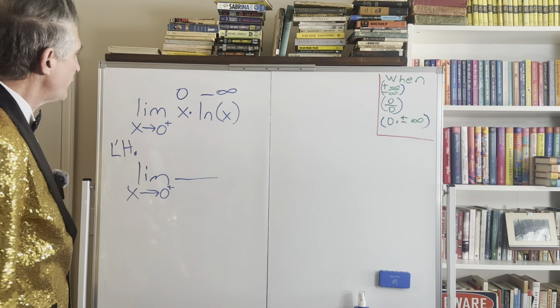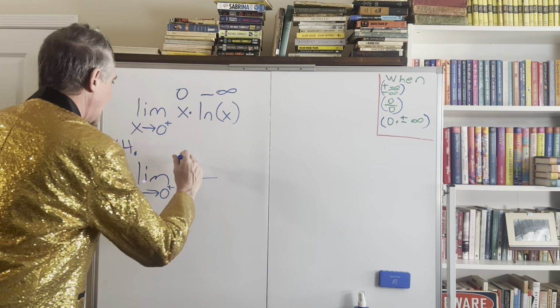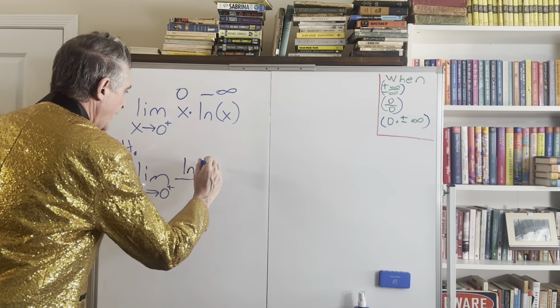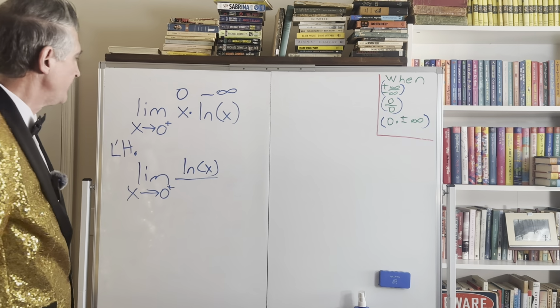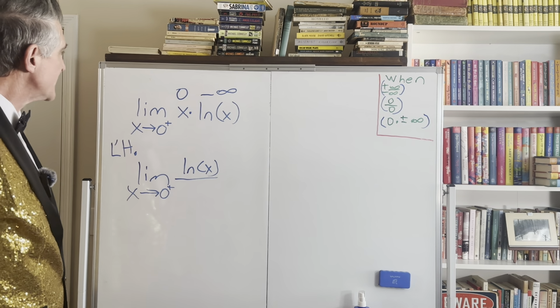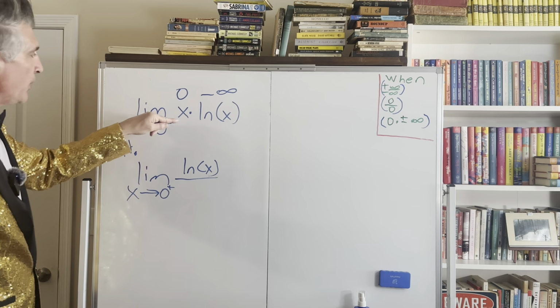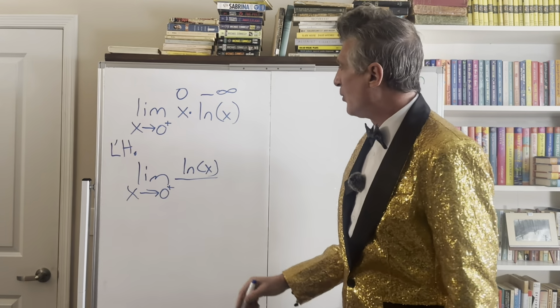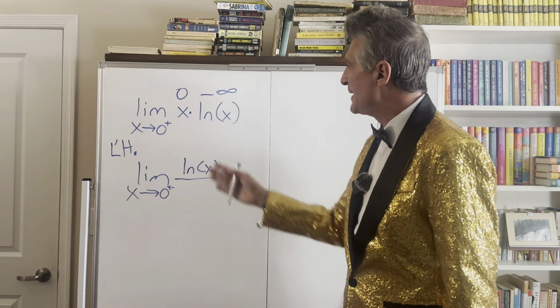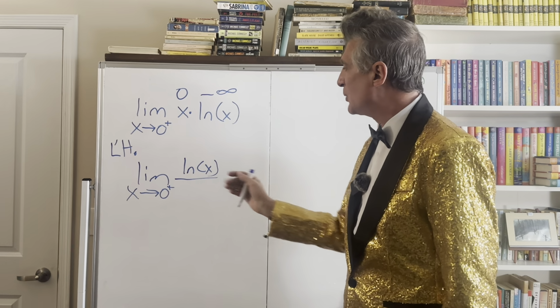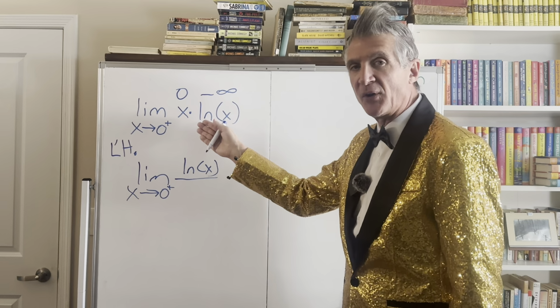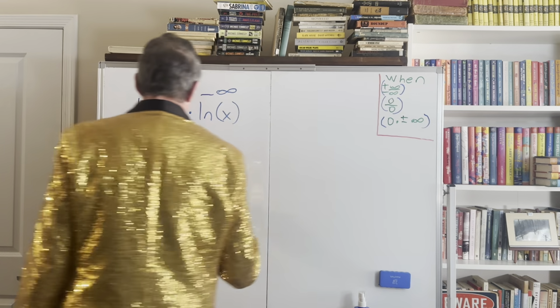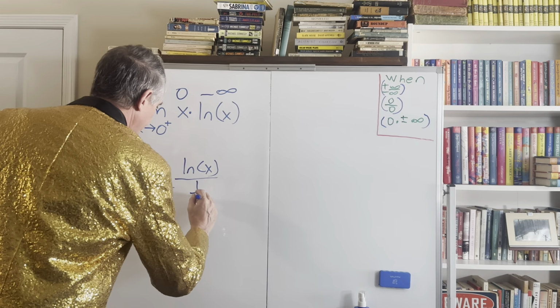So in order to make this a fraction, I'm just going to take the more complex fraction and put it here in our numerator. Our ln of x is going in our numerator, okay? Well, what about this x here? Well, we know that there's an implied 1 under it, don't we? Yes, x being divided by 1. So in order for us to make this equivalent here, when we turn this into a rational function, I have to invert this, don't I? Yeah, so let's go ahead and put our 1 over x.